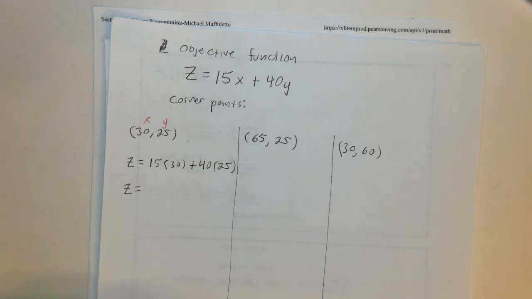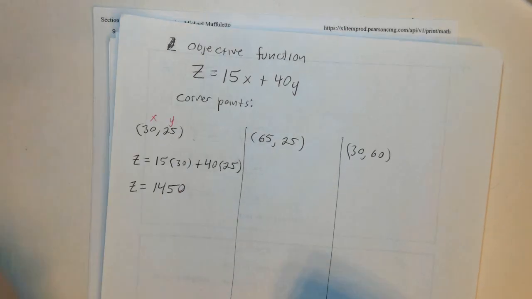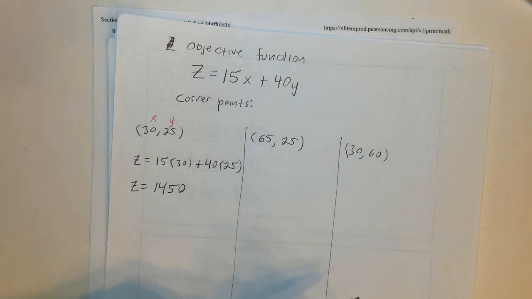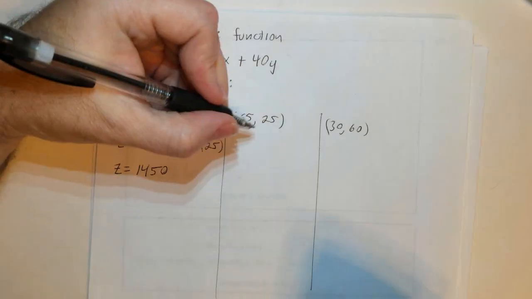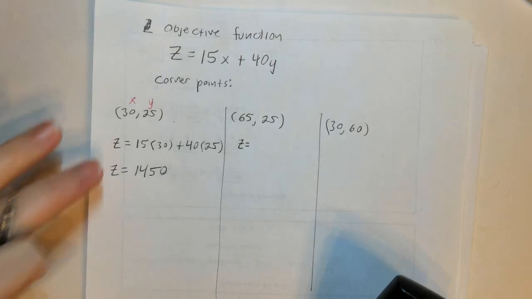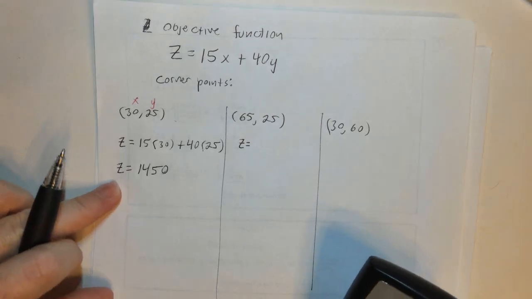I'm just going to spit out the final answer here. 15 times 30 plus 40 times 25, 1450. I'm going to look at it again. I would always be careful because there's so many parts that we had to complete, and the final answer only wanted one number. So I double check each of my calculations.